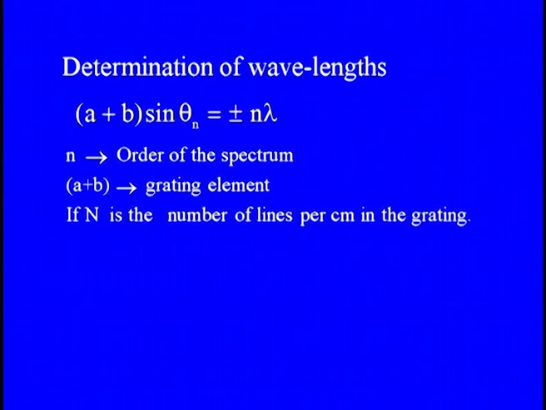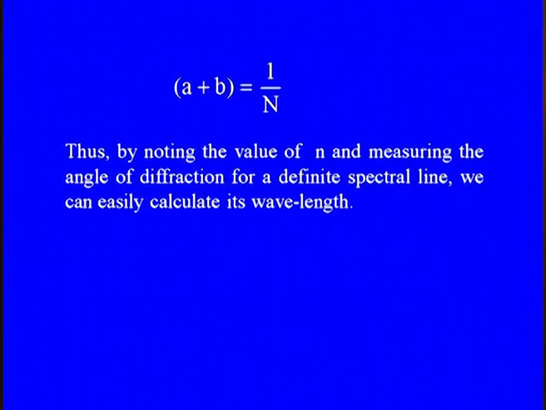Now, let us see how to determine the wavelength of light by using the grating spectrum. So, we have (a + b) sin θn = ±nλ. Here n is the order of the spectrum and (a + b) is the grating element, and if capital N is the number of lines per centimeter in the grating, then we can calculate (a + b) = 1/N.